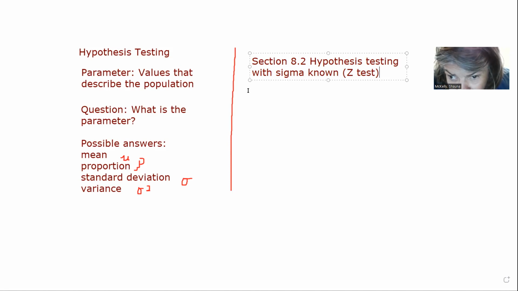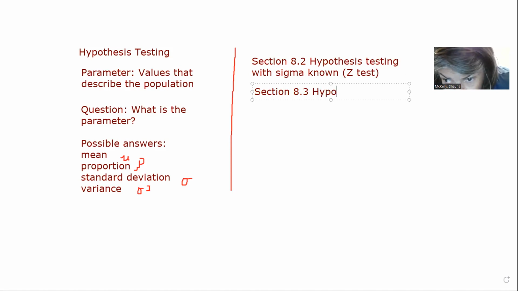Section 8.3 was hypothesis testing with a t-test, and the flow chart comes in here.